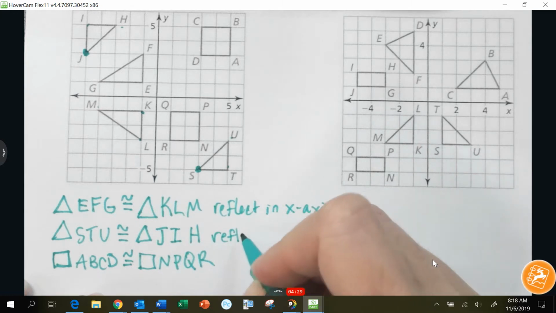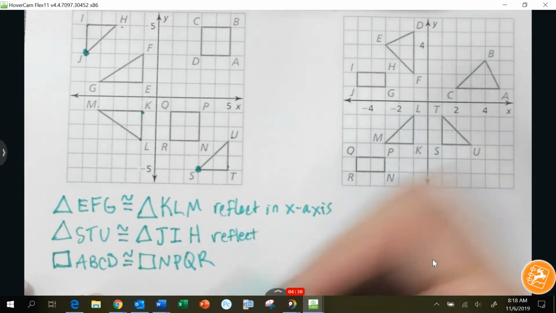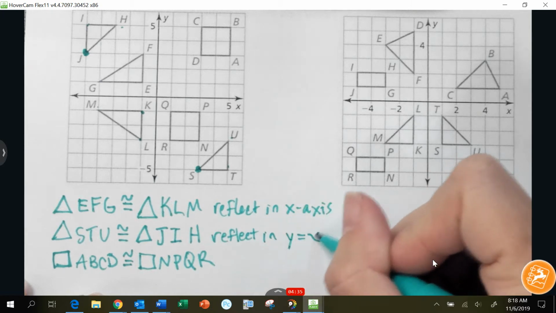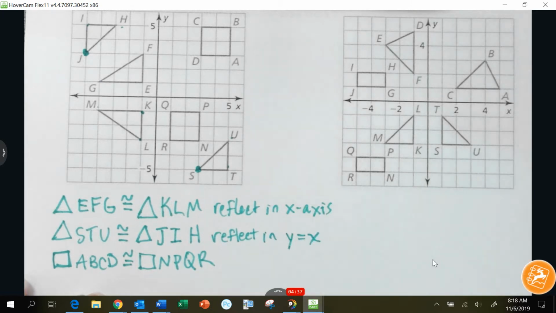Use the proper terminology. Reflect in y equals x. I know it's weird to say that. I say it in all 3 classes I teach, every single time, but that's how they say it.